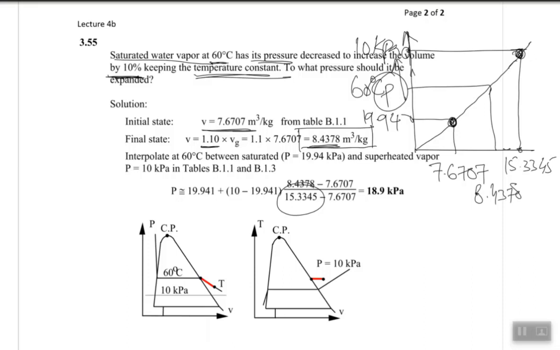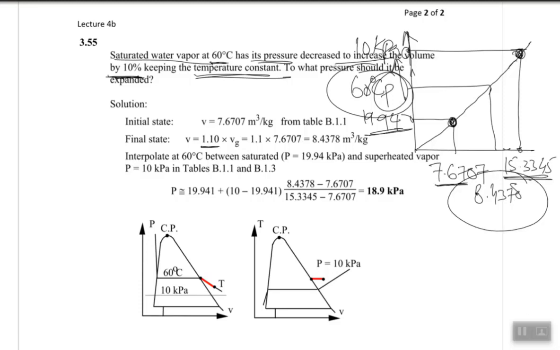It's not given, you need to find it out, but for simplicity I'm saying it is 15.3345. Now it must be very easy to interpolate between the values of volume and pressure to find the pressure for equal volume.